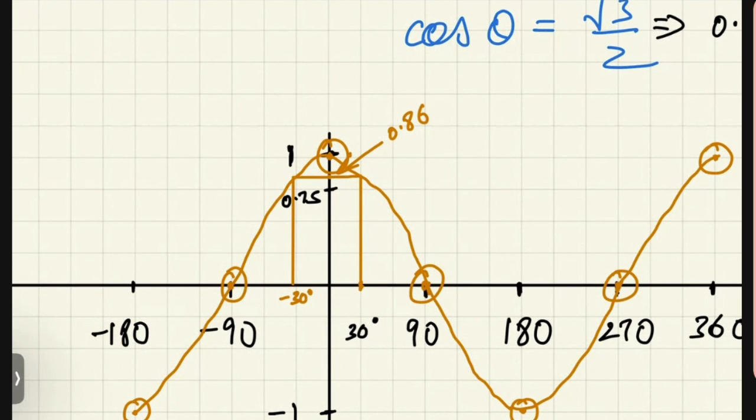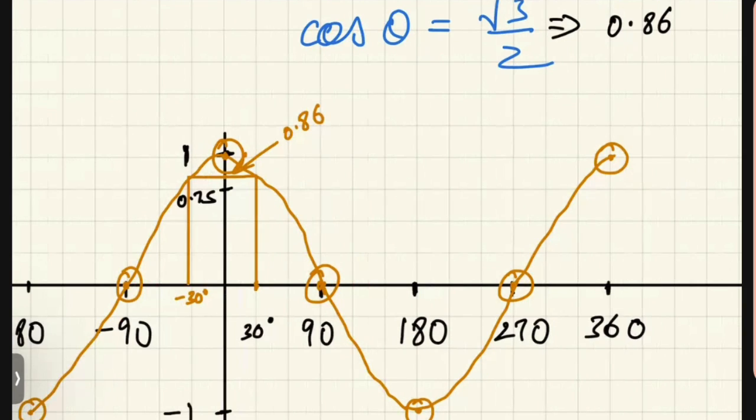Would another value for root 3 by 2 be, like, 300? You're right, it will be 300, but because our graph is not on the curve, you do the same thing. Now you come to the right, so you drop a perpendicular from here onto this value.